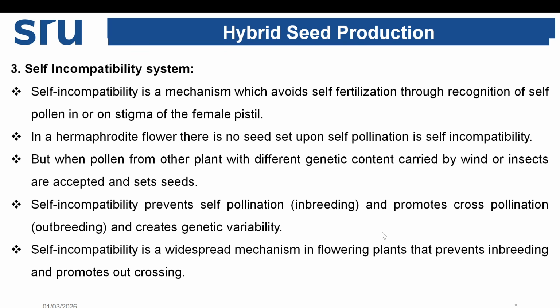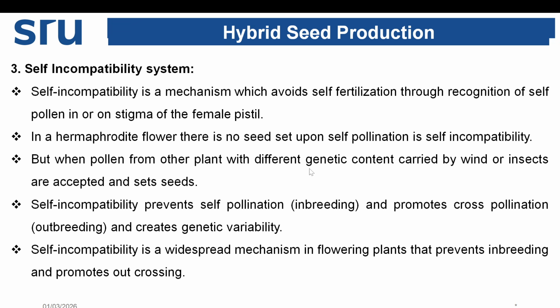Next, self-incompatibility. SI is the mechanism which avoids self-fertilization through recognition of self-pollen on the stigma of the female pistil. In a hermaphrodite flower, there is no seed set upon self-pollination; that is called self-incompatibility.